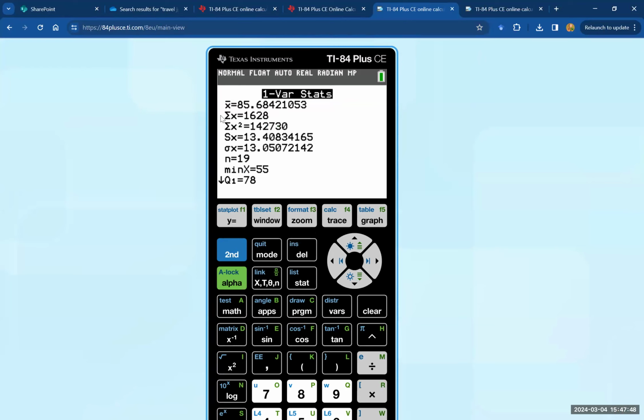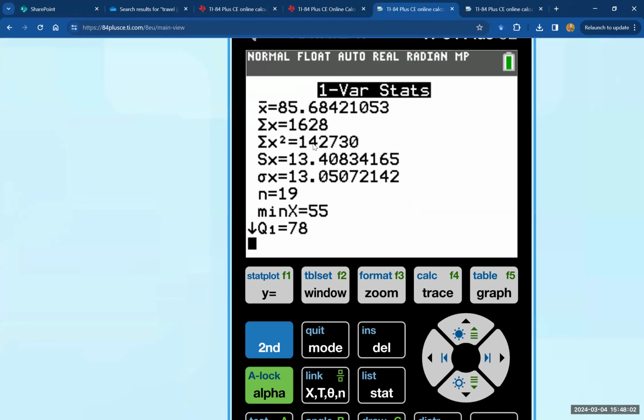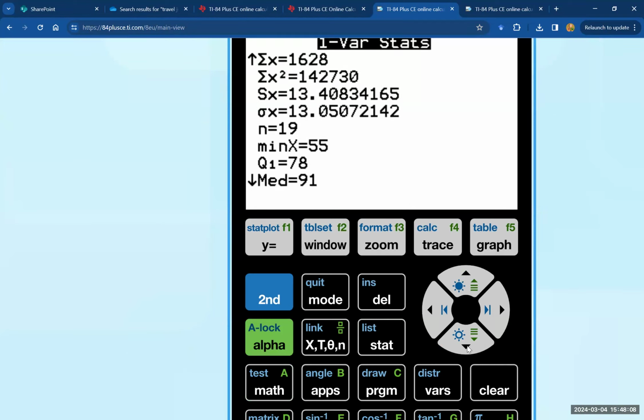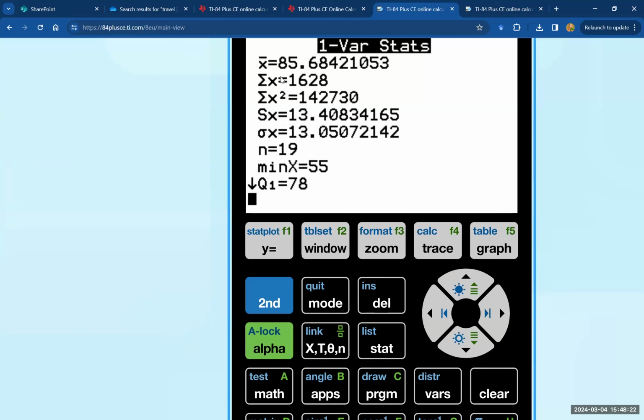That gives you the actual mean is 86. By the way, this is giving you information about list one. And so Q2 should coincide with what we expected, which was, well, Q2, which is the median, is 91. That's what we had already observed. So you're going to write that's the median, the 91, and then x bar is the mean, the average, which is 85.68.